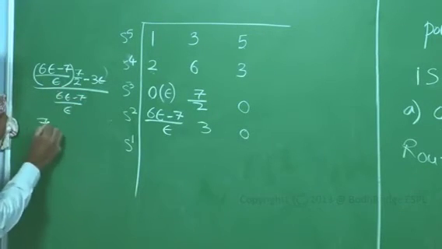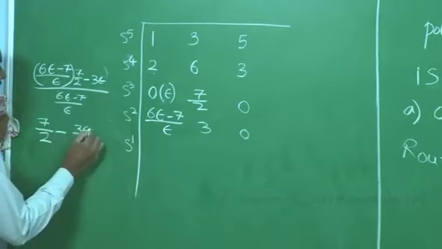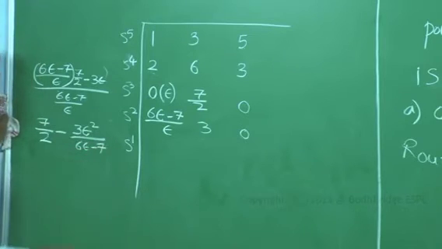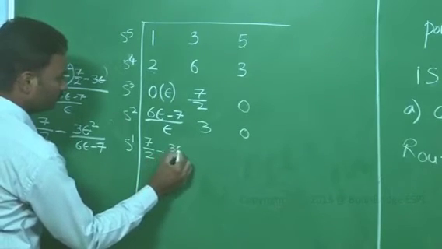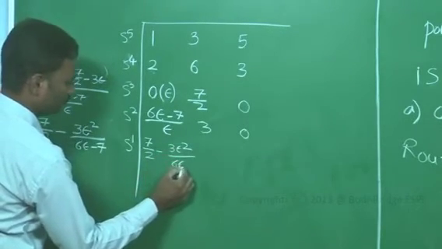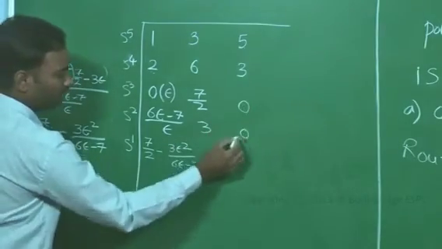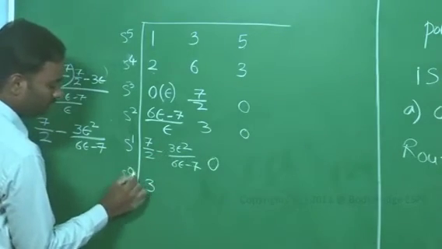This we can write as 7 by 2 minus 3 epsilon squared divided by 6 epsilon minus 7. This term will be automatically 0 because these two terms are 0. The last term will be 3.